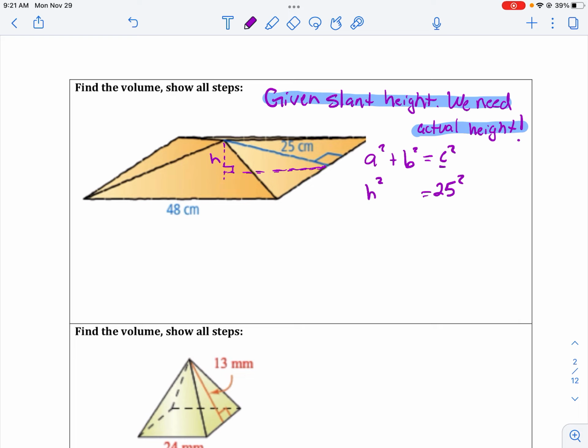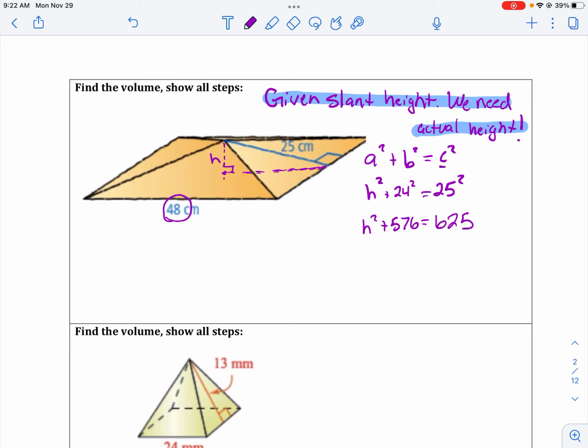So the height comes down to the middle of the pyramid, and from the middle to the edge is exactly half of the side length. So half of 48 is 24. So now we can start to solve by using our Pythagorean theorem.